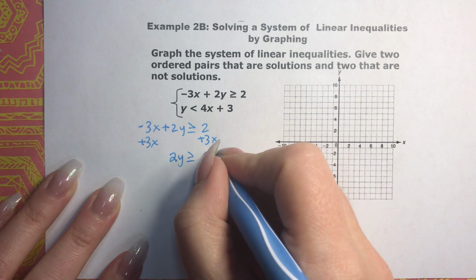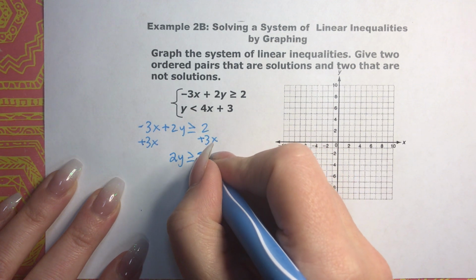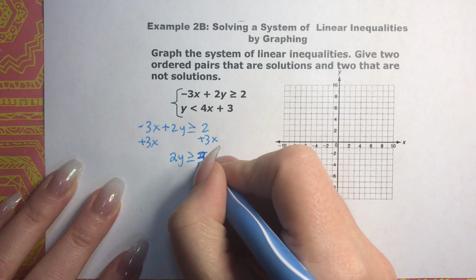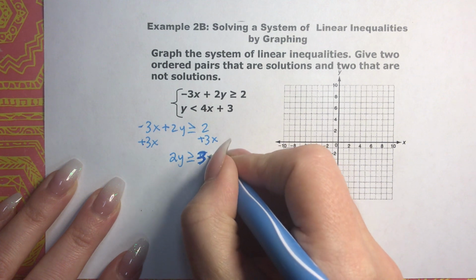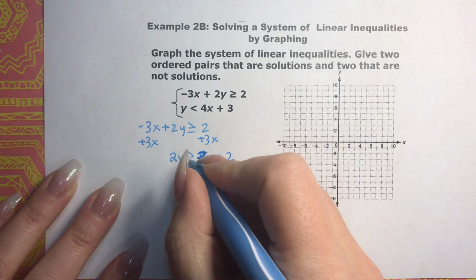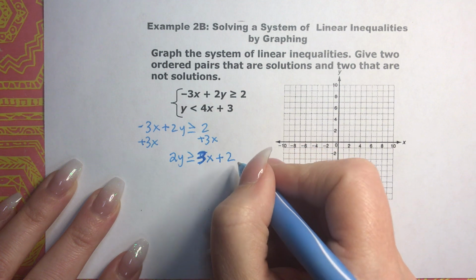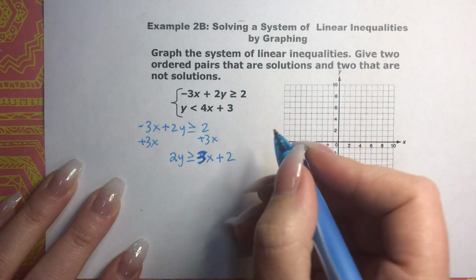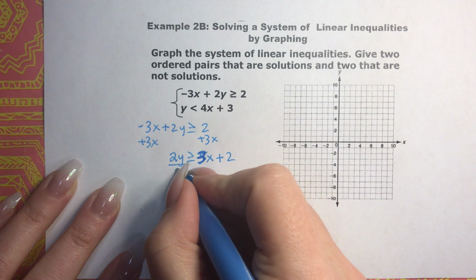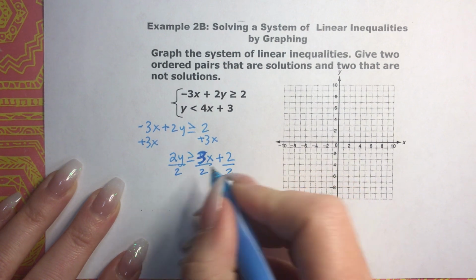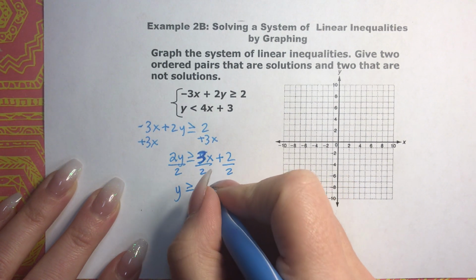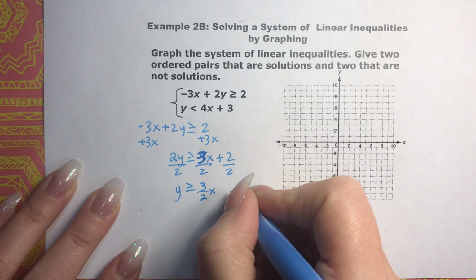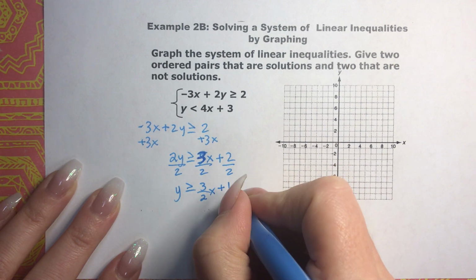I want it in y = mx + b form, so you put the x first. And then we just need to get y by itself, so I'm going to divide each thing by 2, which means I end up with 3 over 2 x plus 2 divided by 2, which is 1.